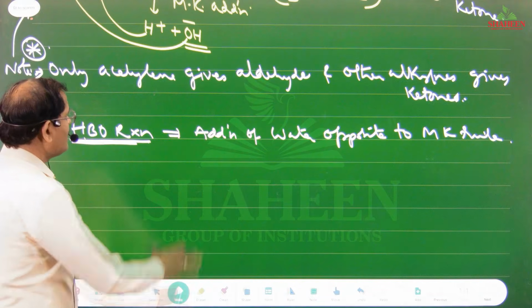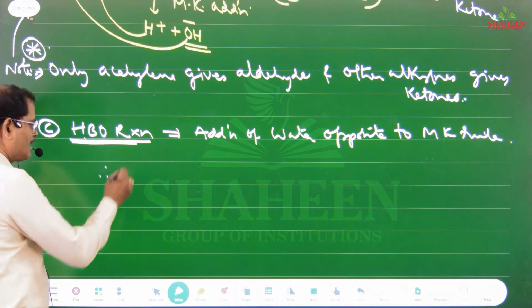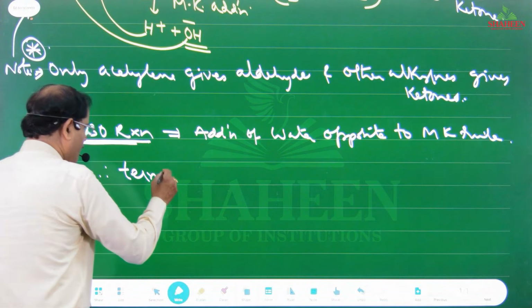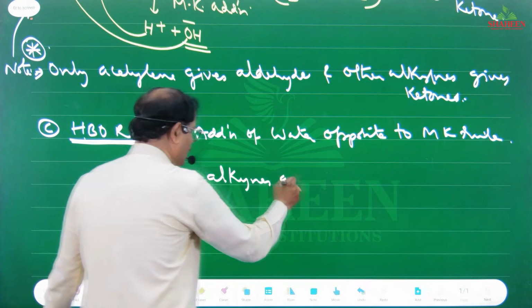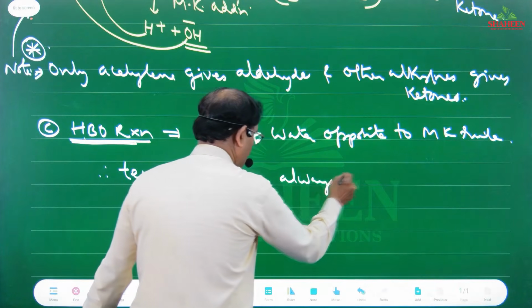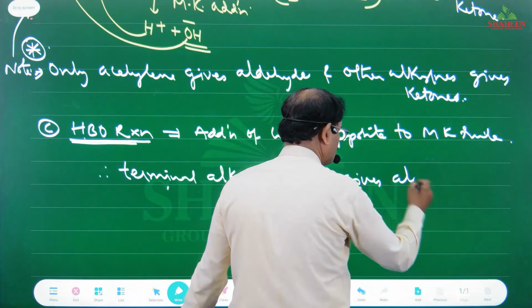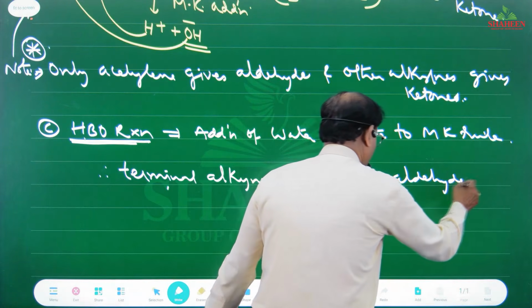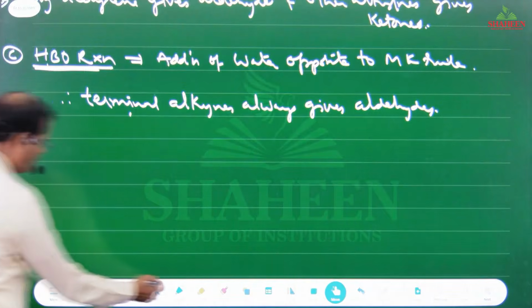That is why, by this reaction, terminal alkynes always give aldehydes. In this reaction, terminal alkynes always give aldehydes.